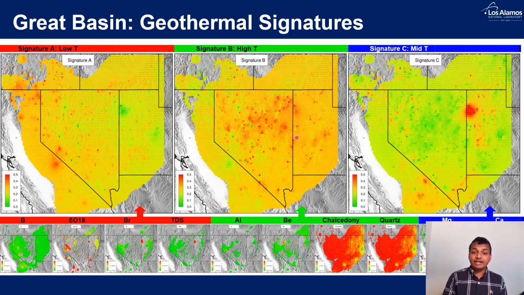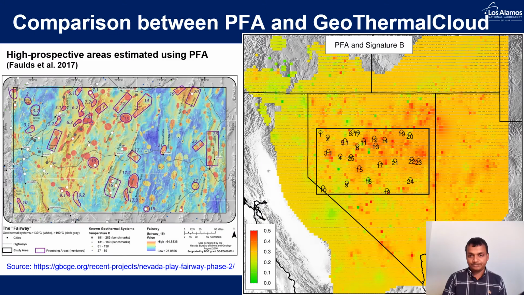The high temperature geothermal resource is mostly dominated by aluminum, beryllium, chalcedony geothermometer, and quartz geothermometer. The mid-temperature geothermal signature is mostly dominated by magnesium and calcium ions.